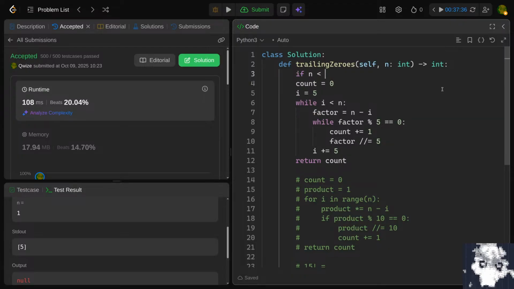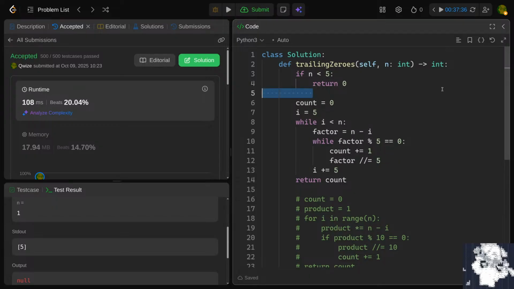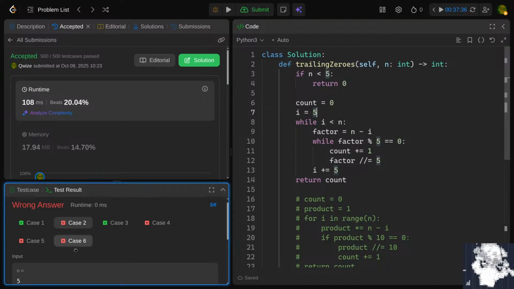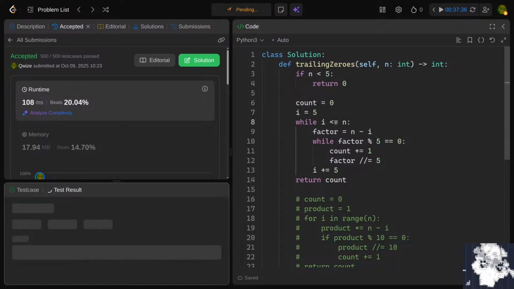If n is less than 5, return 0. Less than or equal to n. Come on! We had it before. How are we getting infinite loops now?